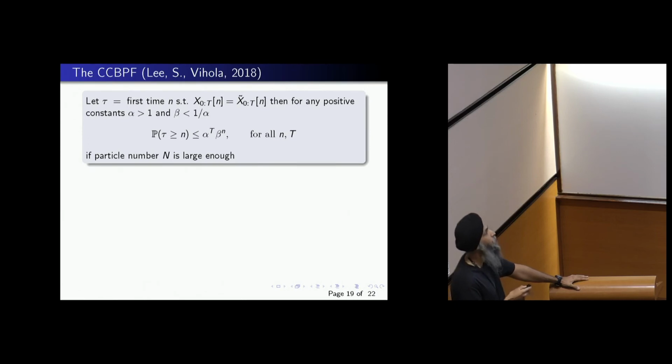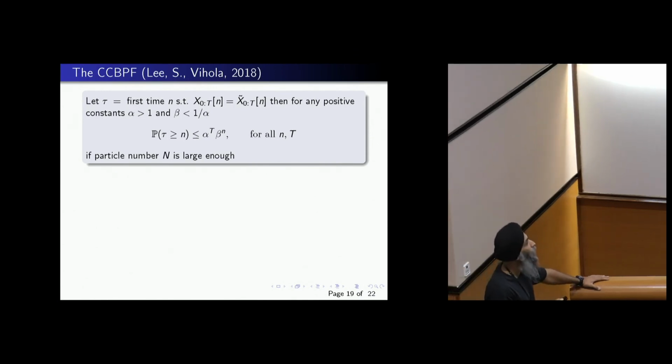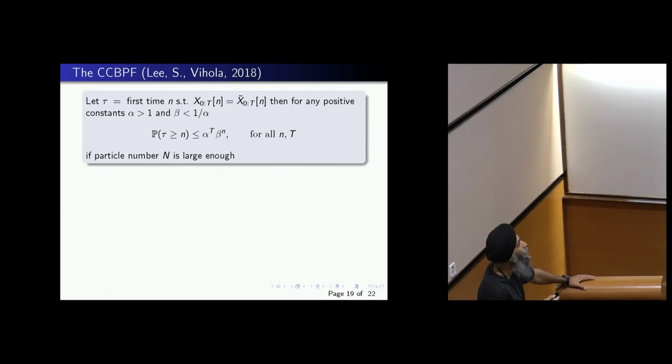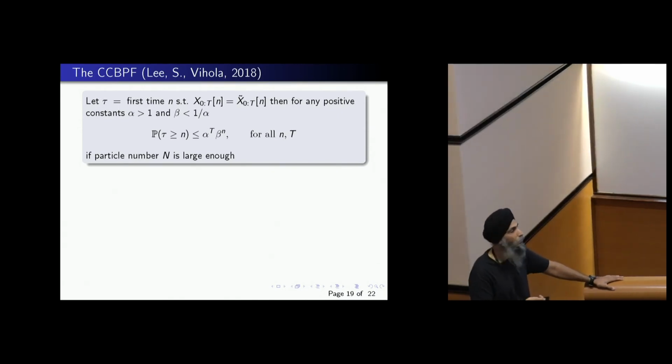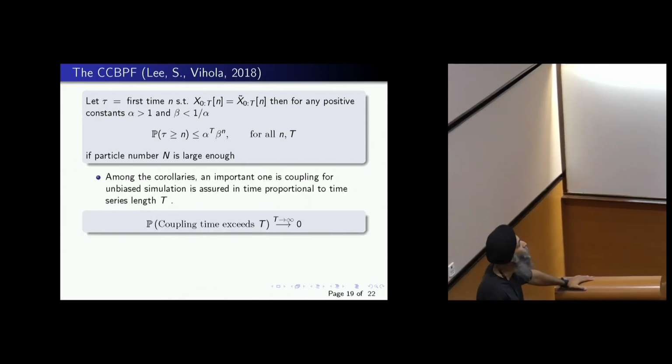We understand this by just saying once you have simulated the coupled conditional particle filter with backward sampling steps for length of time t, for the length of the time series you want to couple, then you start getting very rapid progress towards coupling. That's how you can understand this result.